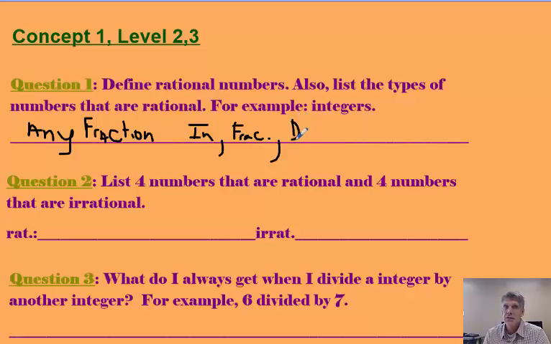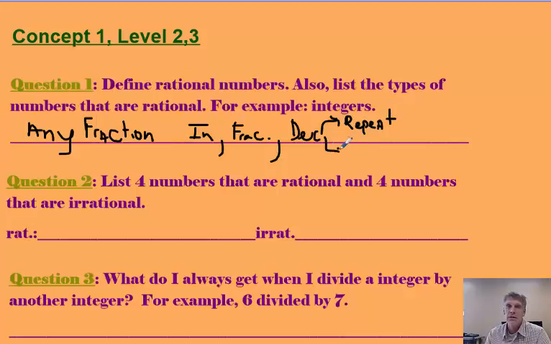Decimals. Now there's two types of decimals you want to put down. The first type of decimal you want is repeating decimals. Some kids think that these are irrational, but repeating decimals are going to be rational because I can write them in fraction form. Remember, I can put them over 9 or 99 or 999.